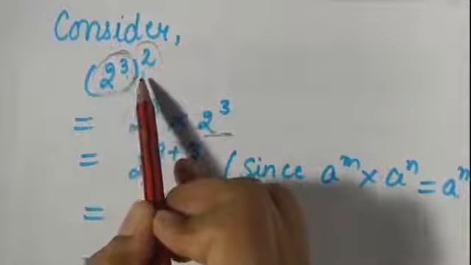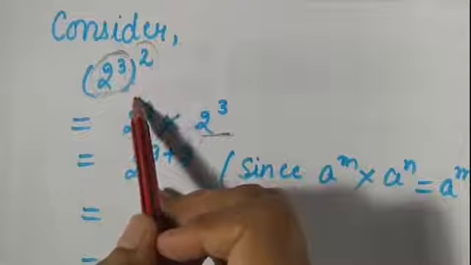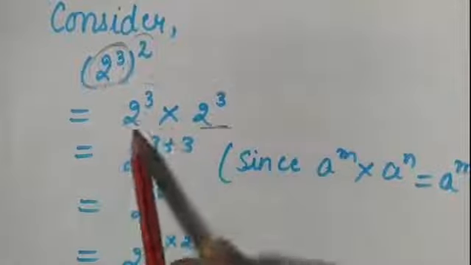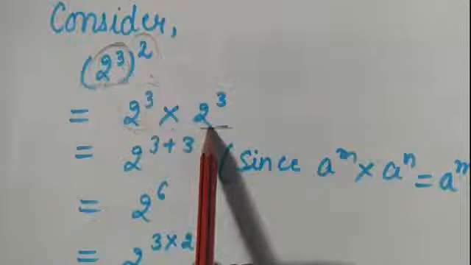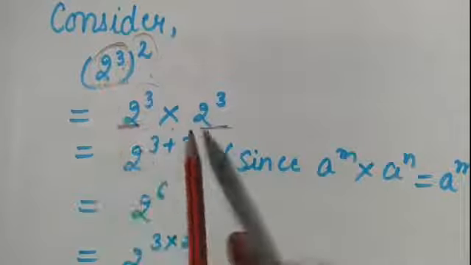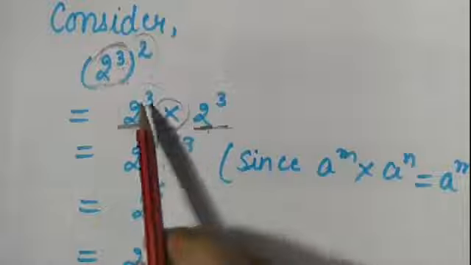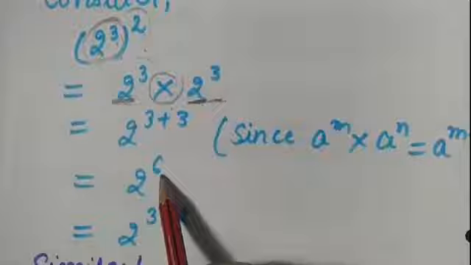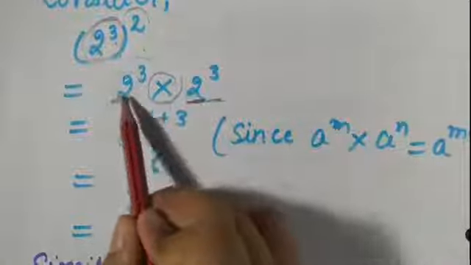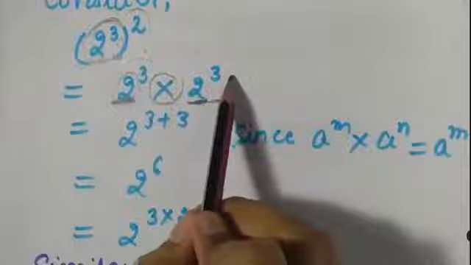This is only repeated multiplication. Exponential numbers, we have learned, are repeated multiplication. So now 2 raised to the power 3 into 2 raised to the power 3. That is what we have learned in the first law, that whenever we have the same base and in between we have the multiplication sign, then the powers get added.